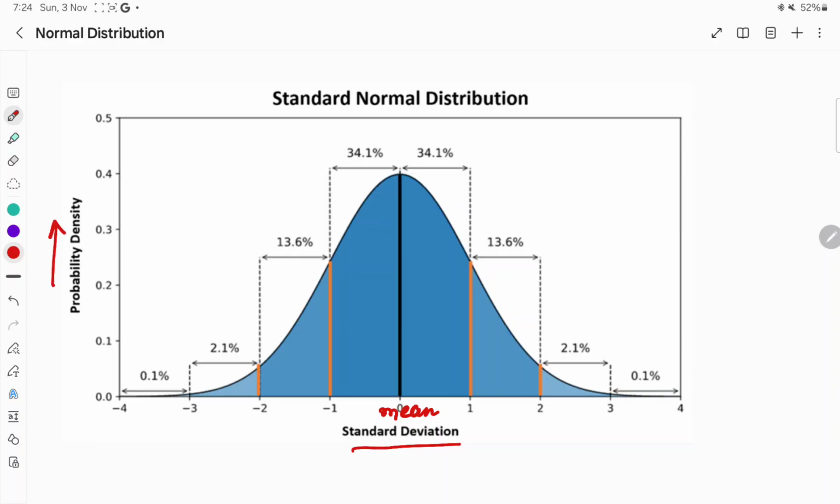can see 68.2% of the total data is within one standard deviation of the mean.